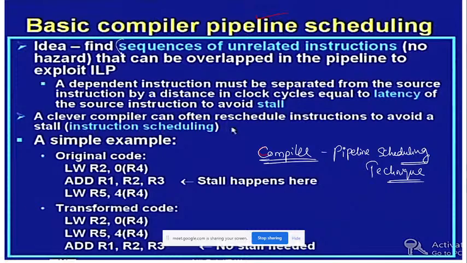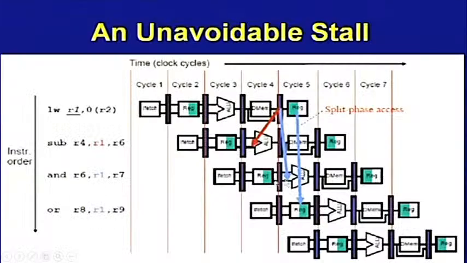While executing instructions, delays mainly occur because of dependent instructions. Here you can see the second instruction's R1 is dependent on the first instruction's R1 value, and in the instruction with R6, R1, R7, the R1 value again depends on the first instruction.